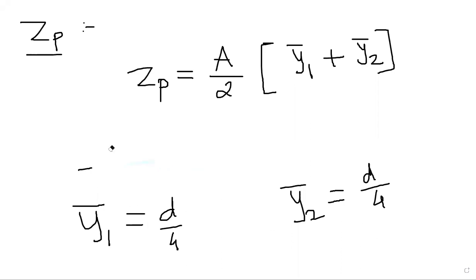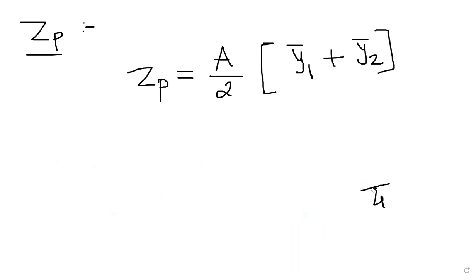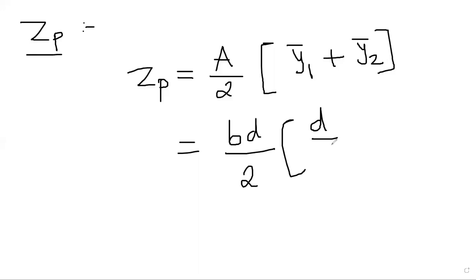So you can write parallel here. I will not be waiting for all of you. If you are remaining, then call me, then I will wait for some time, otherwise I will proceed. So now putting the value of area, B into D by 2 as it is in bracket, D by 4 plus D by 4.